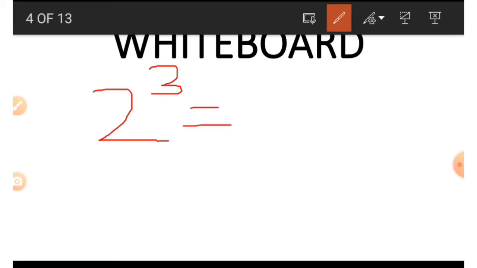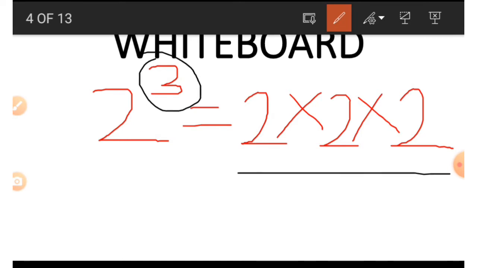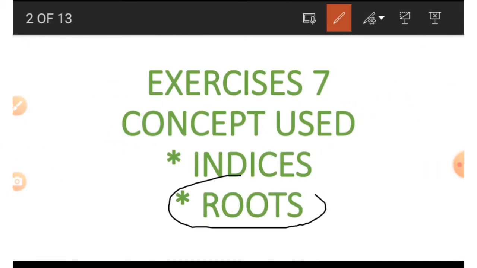For example, 2 to the power of 3 means 2 multiplied by 2 in 3 places. That is 2 times 2 times 2. You can see the 3, and it means you multiply 2 in 3 places. This is what we call indices.